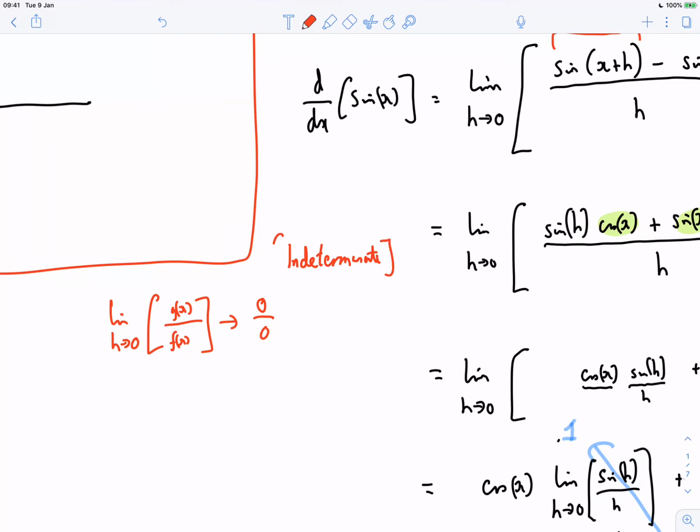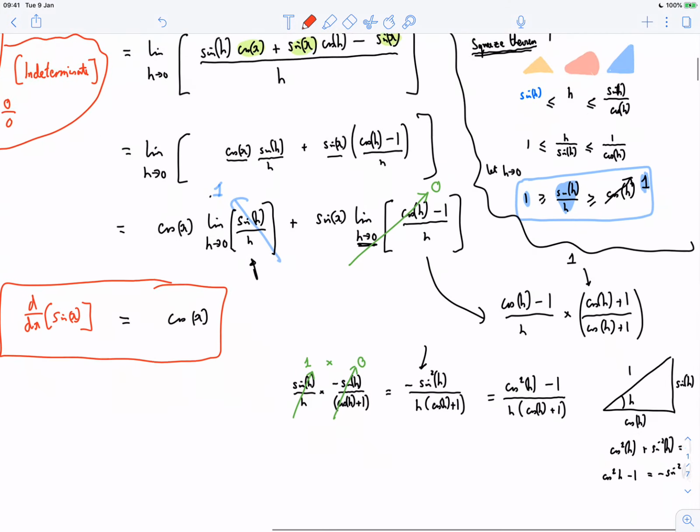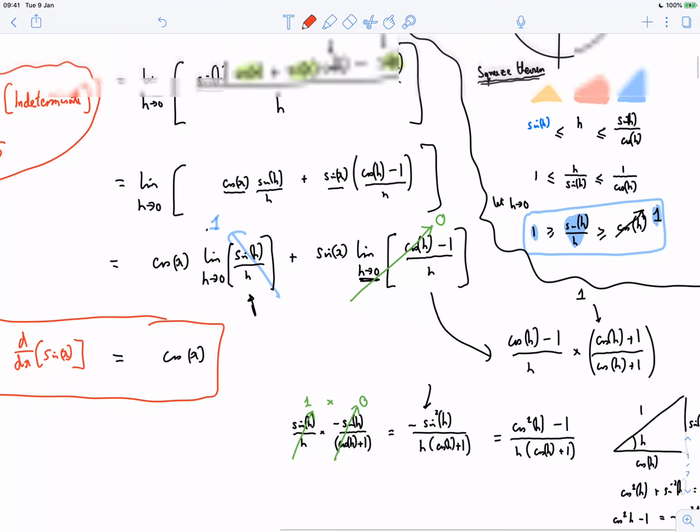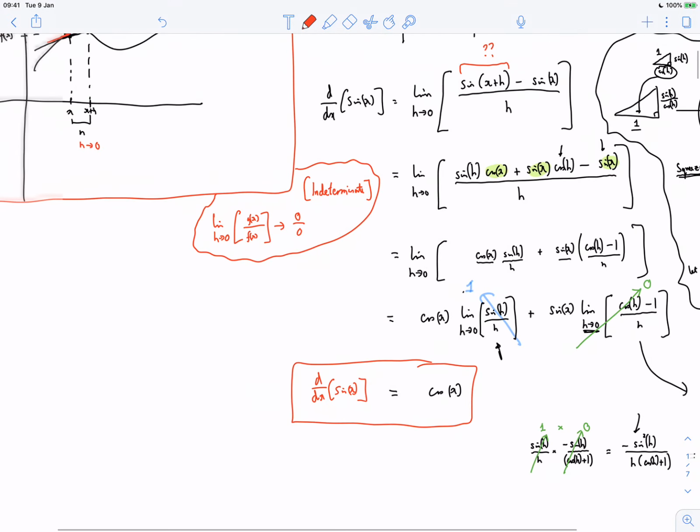This is indeterminate. You cannot determine what this thing is. So there's various tricks to deal with this. As I've shown before, you can do this rationalizing denominator trick, you can split the limit up.